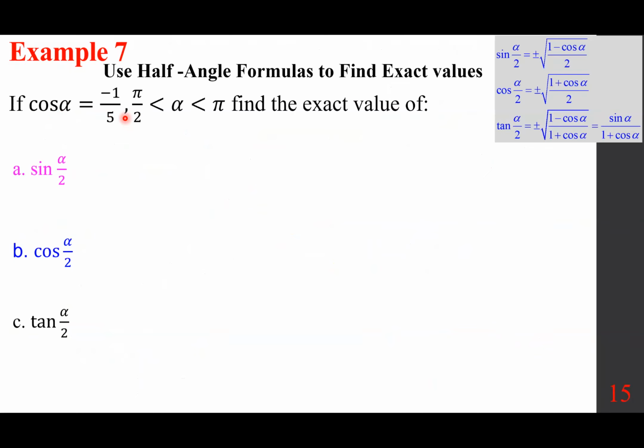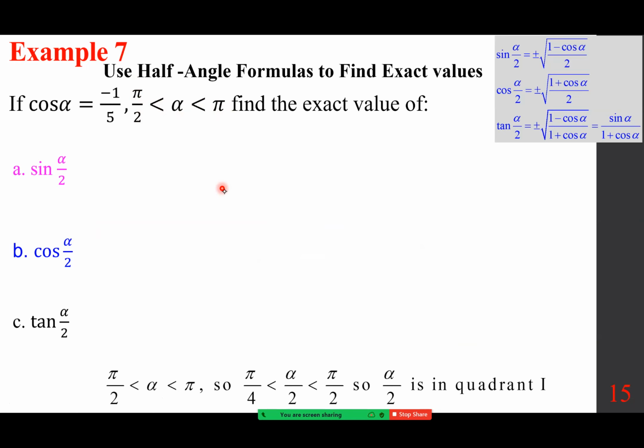Cosine alpha is given as negative 1/5. Alpha is between pi over 2 and pi, and we want to find the value of sine alpha over 2, cosine alpha over 2, tan of alpha over 2. So the very first thing is to establish the quadrant. When we divide both numbers by 2, this becomes pi over 4, this becomes pi over 2, and it's the first quadrant.